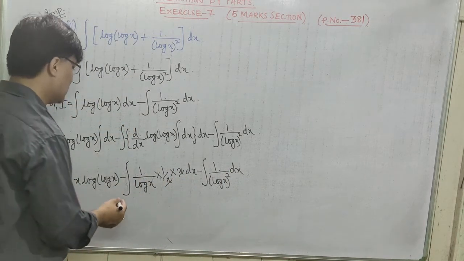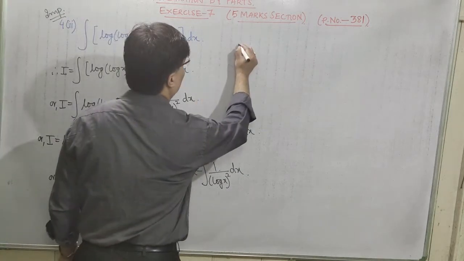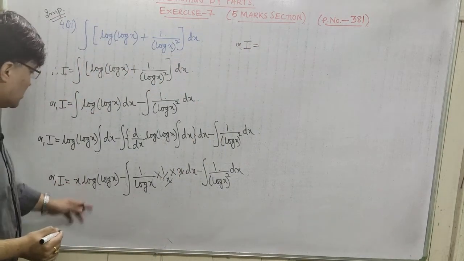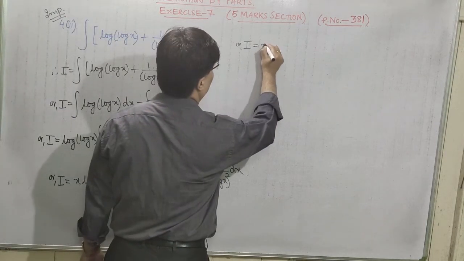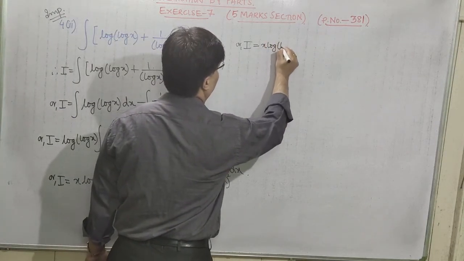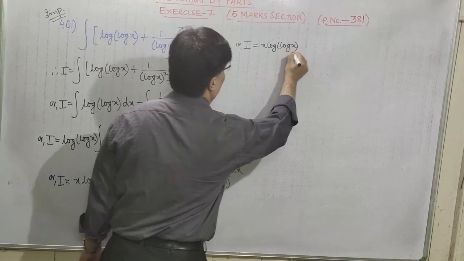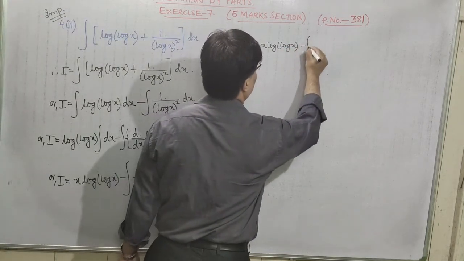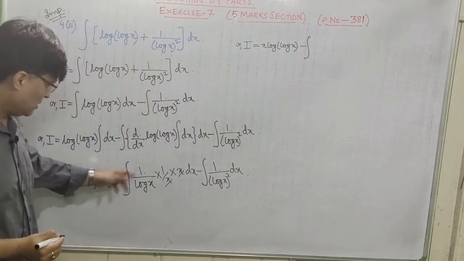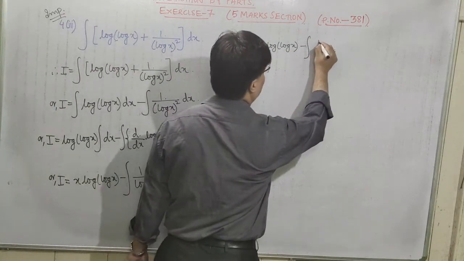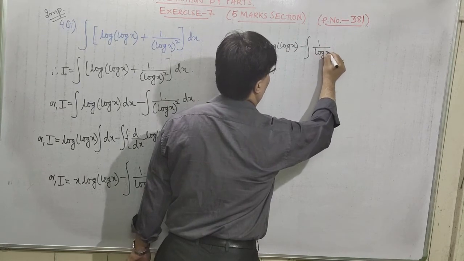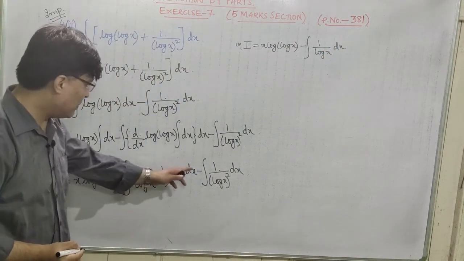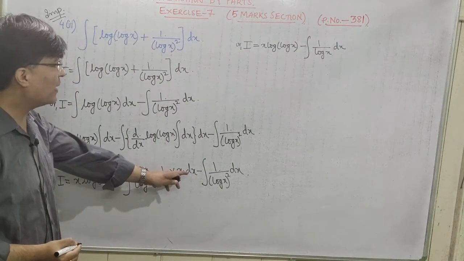Okay, so let us write down the remaining terms here. I is equal to, first function, x log of log x, minus the integration of 1 by log x dx, and here also a sign is there.